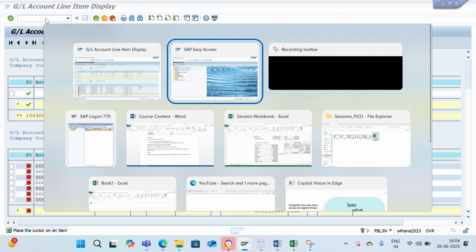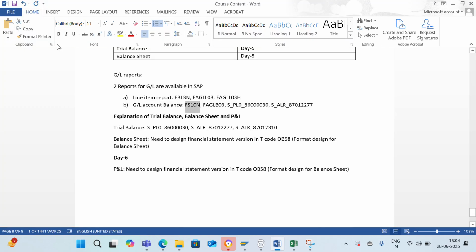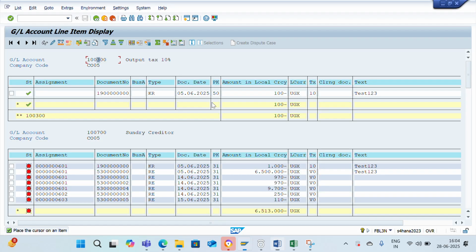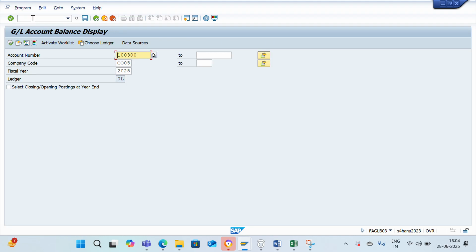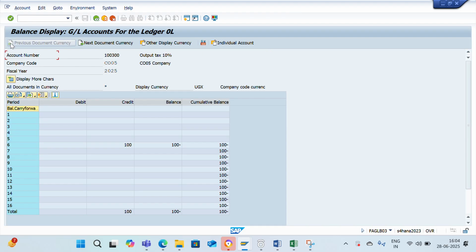The second report for GL balance is this report, FAGLB03. This report also shows the same value.